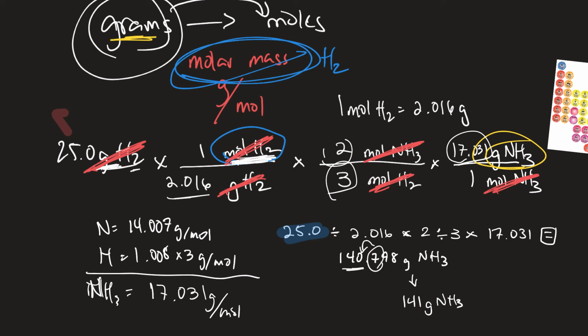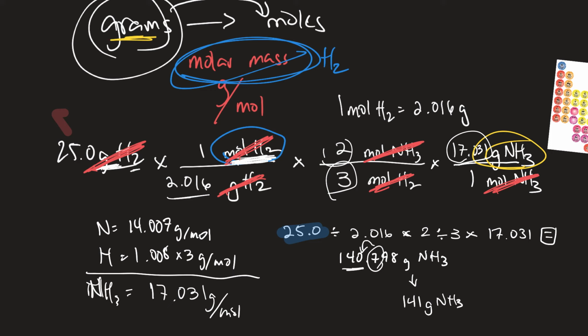All right. And so this is the way that you will basically go from a mass, if you know the mass of a reactant or a product, and then convert this to a mass of another substance within the same chemical reaction. As I said, the big key point here is that you must always go to moles first.